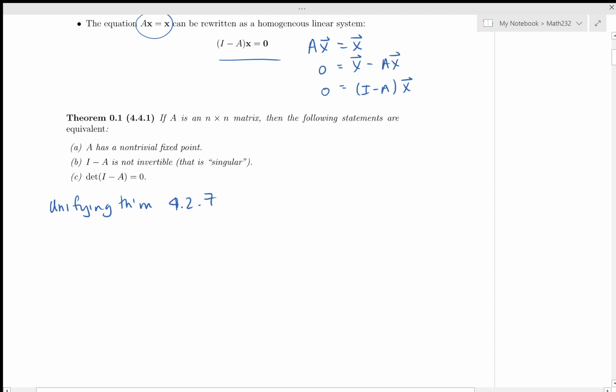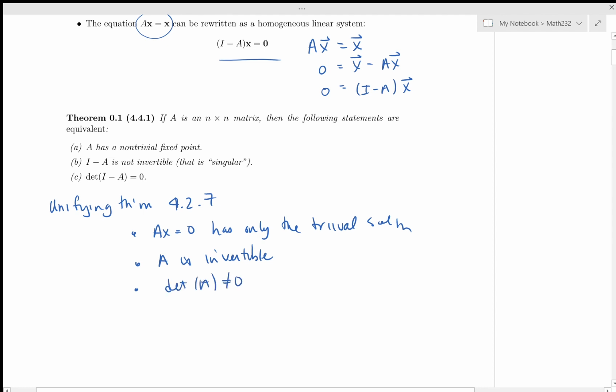Ax equals 0 has only the trivial solution, and that is equivalent to saying A is invertible, and that is equivalent to saying that the determinant of A is not 0. Okay, but that's part of our unifying theorem.